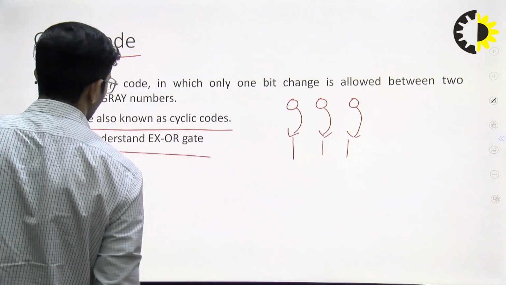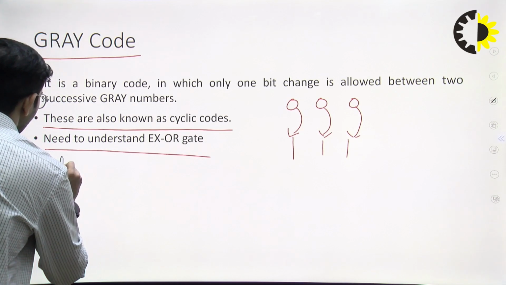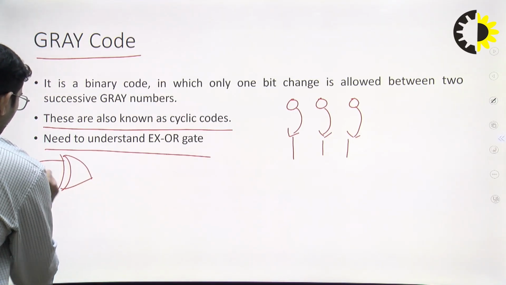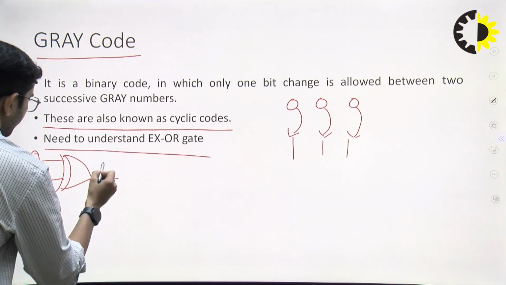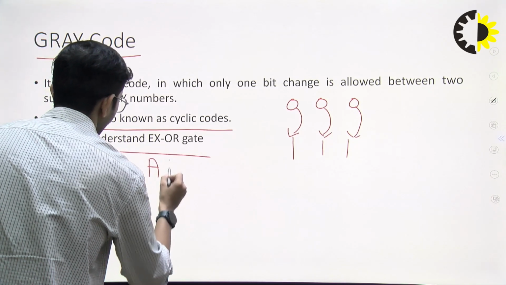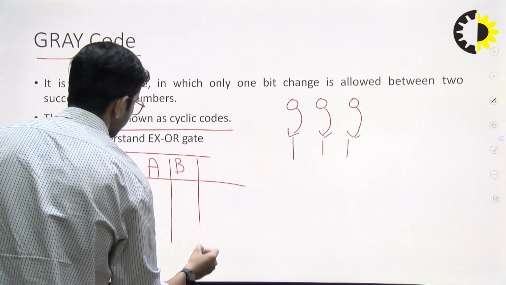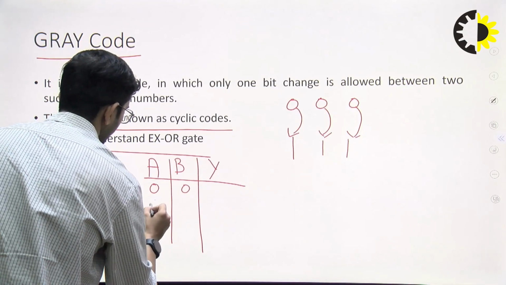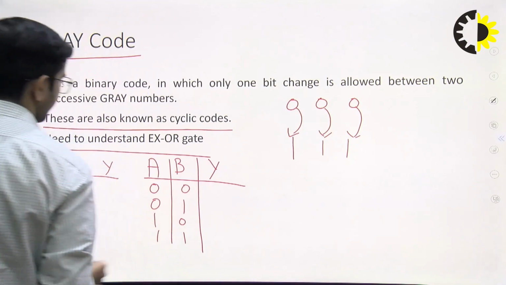For the gray code, first we need to understand the XOR gate. What is XOR? This is the symbol of the XOR gate, where there are two inputs A and B, and one output Y. So the truth table of the XOR gate has 2 inputs A, B. So 2 bits give 4 combinations: 0 0, 0 1, 1 0, 1 1.